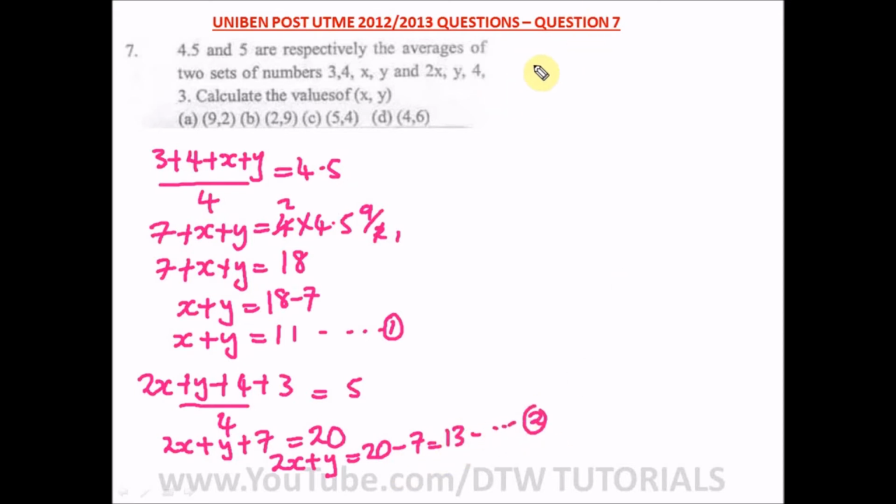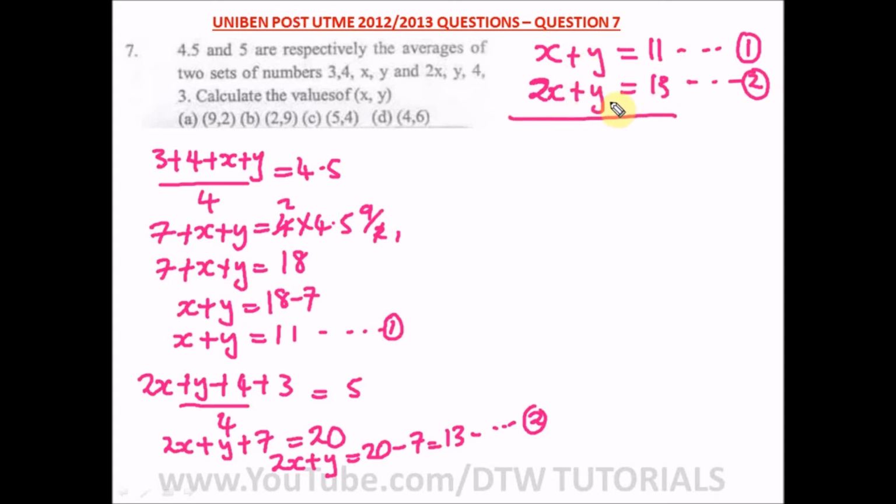So let's bring these equations together. We have x plus y equal to 11, that's equation 1, and 2x plus y equal to 13, that's equation 2. All we need to do is cancel out y. We're going to do the elimination method in simultaneous equations.